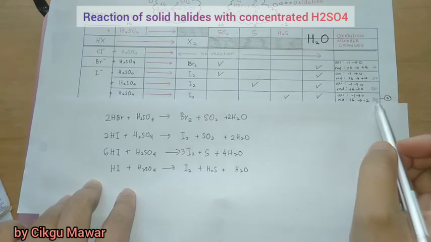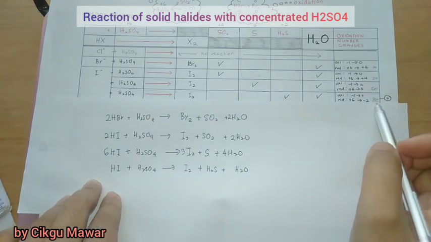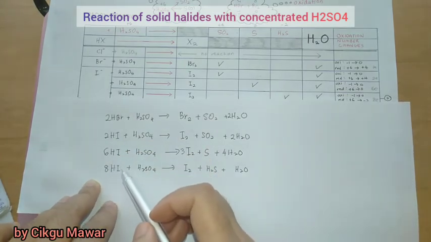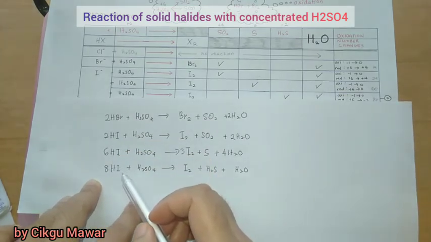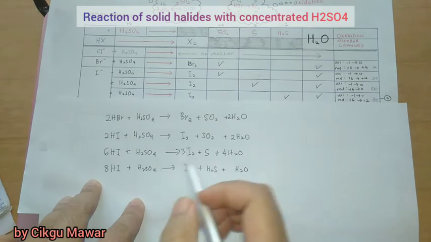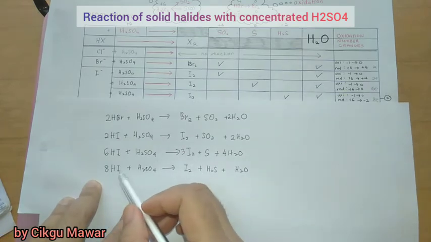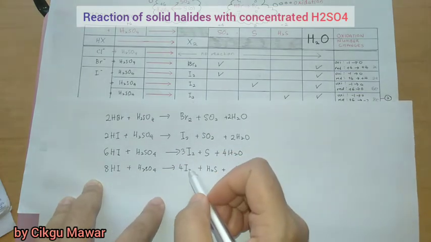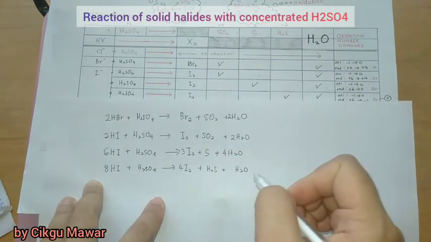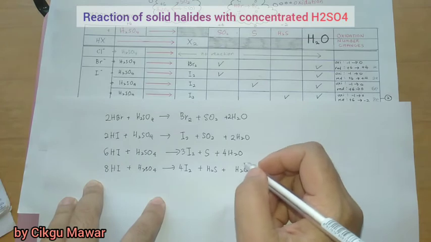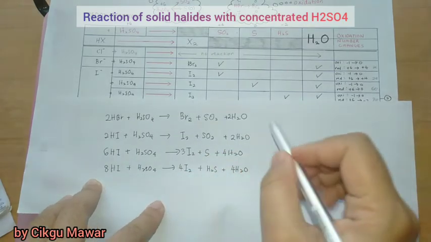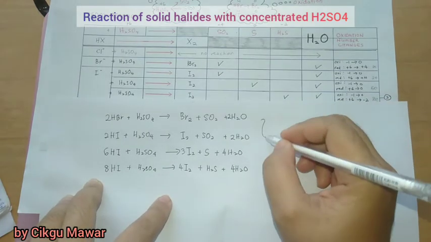We see that the total electrons being reduced is 8 electrons, so we put down 8 hydrogen iodide here. Then balance: 8 iodide gives 4 iodine, and that's already balanced. What's left is water, which has 4 here. So we have already balanced all the redox reactions.